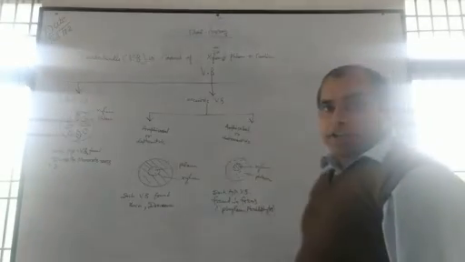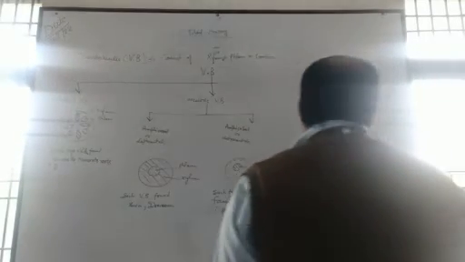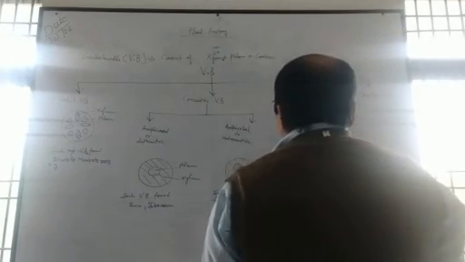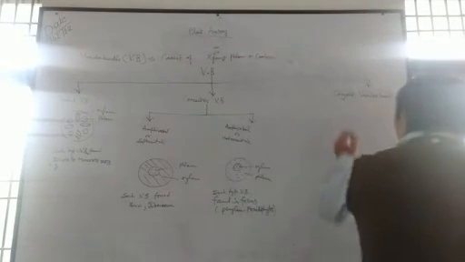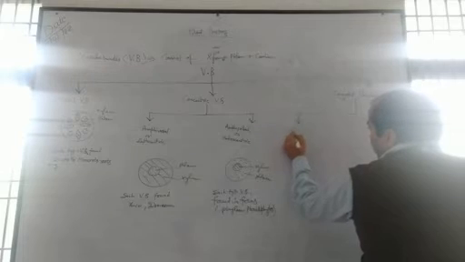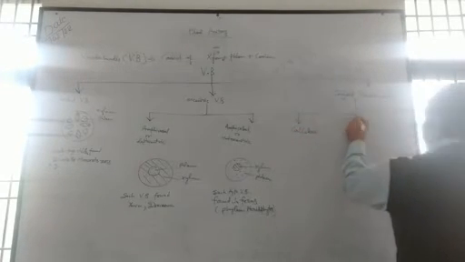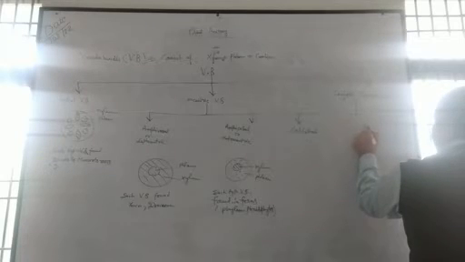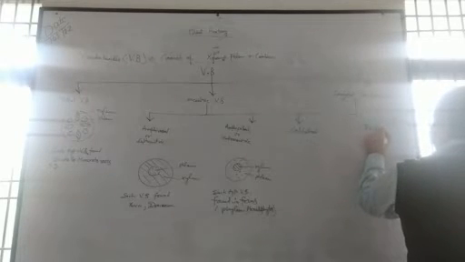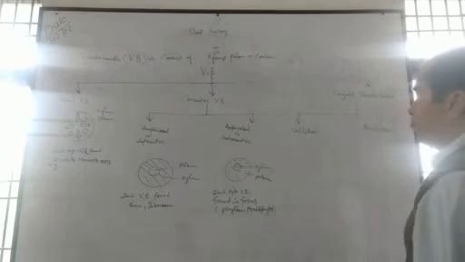The last type of vascular bundle is the conjoint vascular bundle. Conjoint vascular bundle is of two types: collateral and bicollateral.